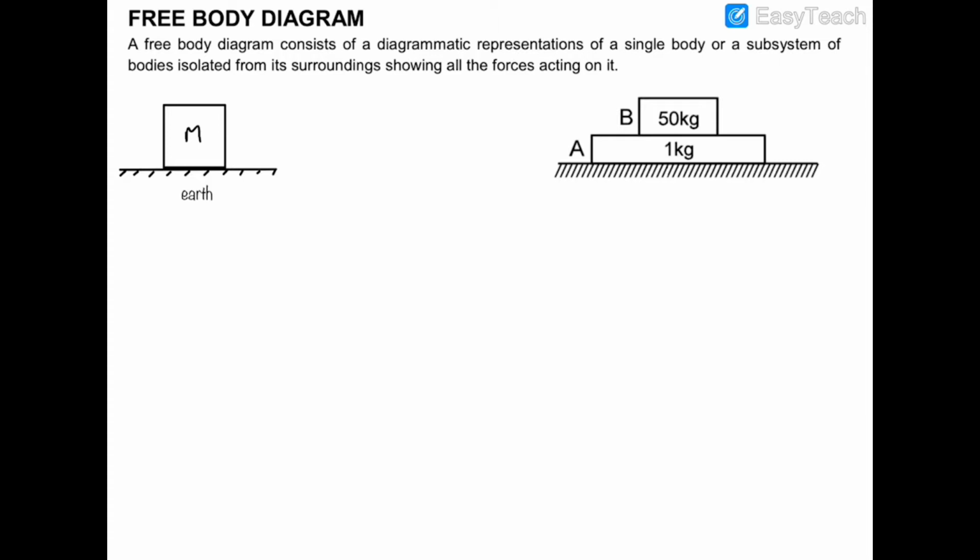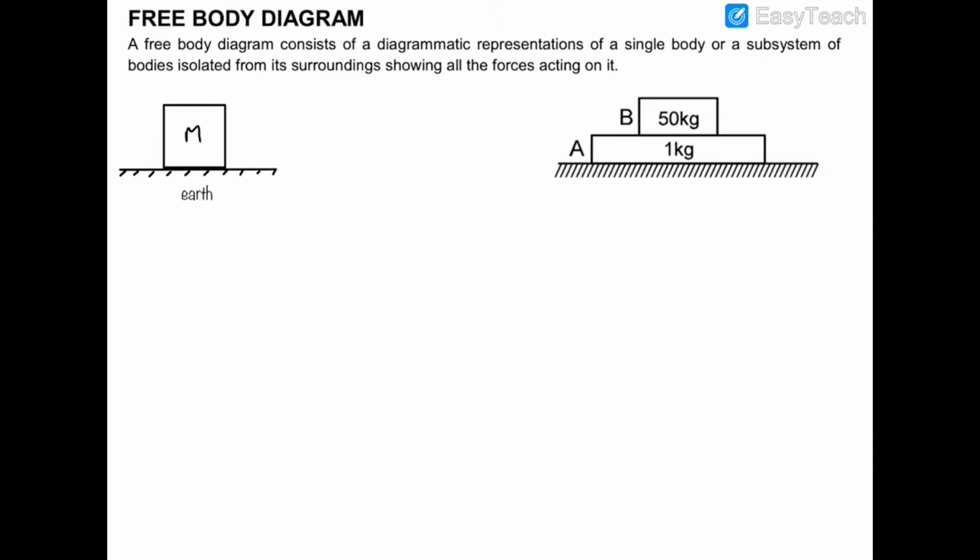This topic is free body diagram, and in it we will discuss the basics of drawing the forces on an object, which means if some force or set of forces is acting on an object, then we have to imagine that object isolated from the surroundings, and draw all the forces on it according to their directions which are being applied on that object.